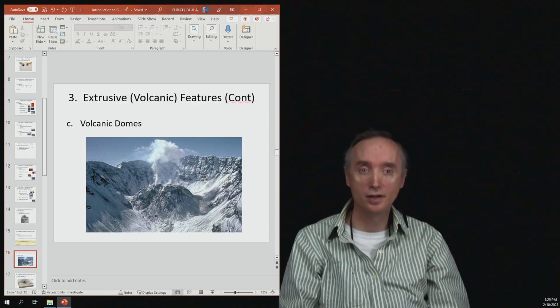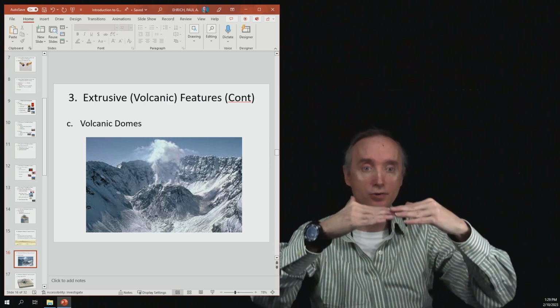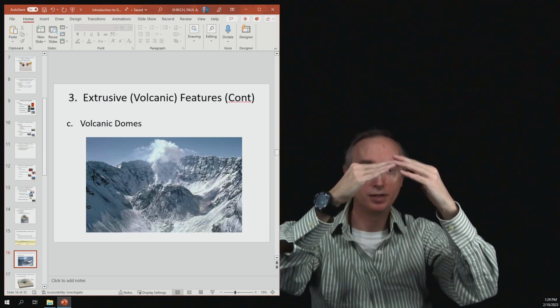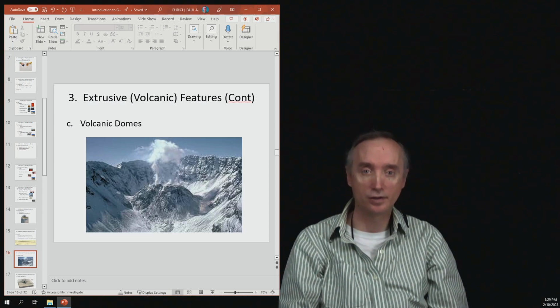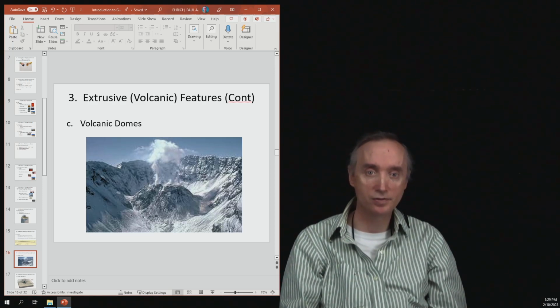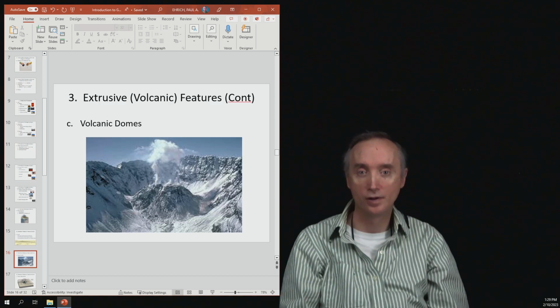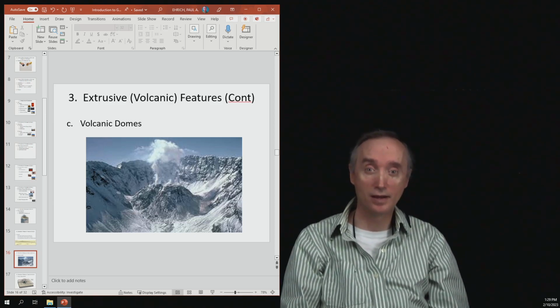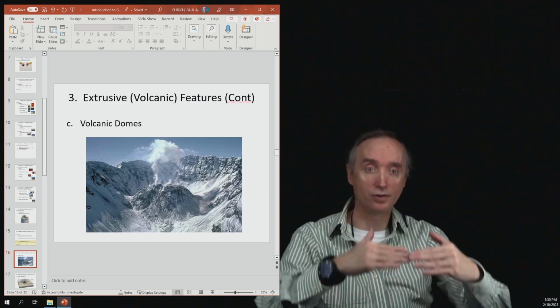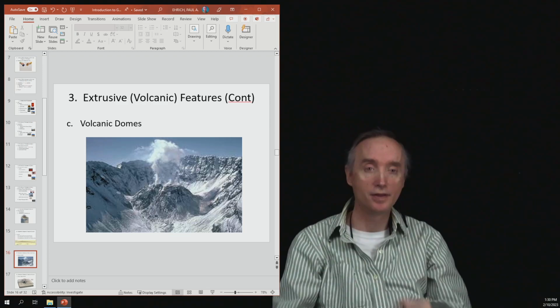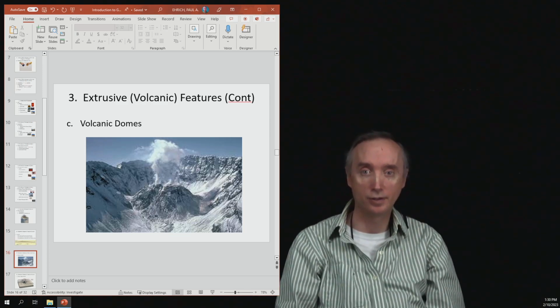And so once it gets clogged up, then the entrance to the volcano starts to bow up because there's material underneath it, and that's what's making these volcanic domes. Very viscous material is creating this dome inside of the volcano. So this is how we know that a volcano might be getting ready to erupt. Whenever you see the ground starting to bow up like this, that must mean that there's stuff underneath it coming up.